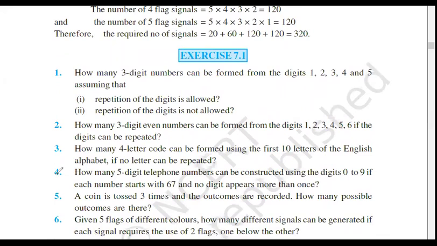Okay, now try solving question number 4. Everyone try solving question number 4. Take your time and try solving question number 4.